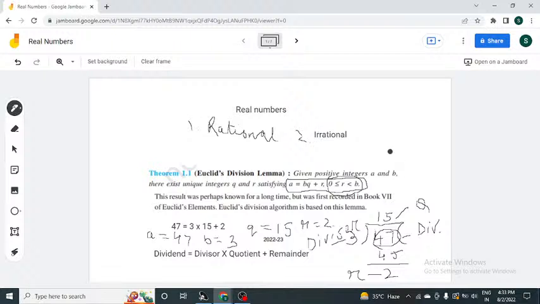You have to remember that the value of r has to be less than b, but it can be greater than or equal to 0. That means r can never be negative, so either it's 0 or positive, as we have seen in the example. When you get the value of r as 0, you have gotten your HCF. This is something we are going to use in the questions here.